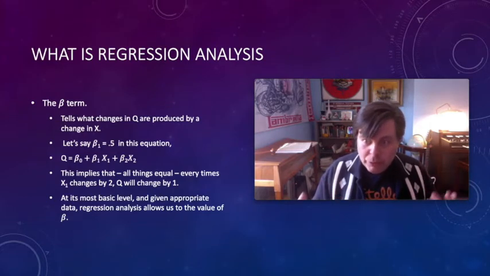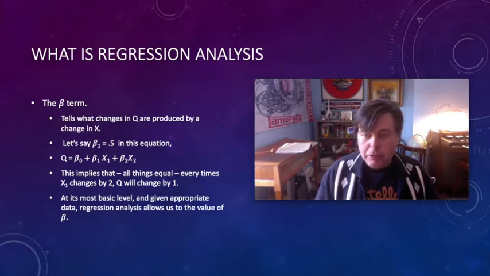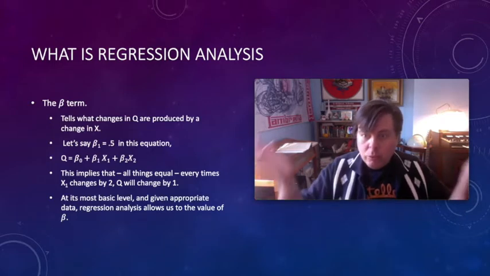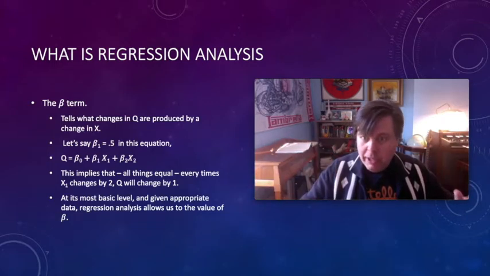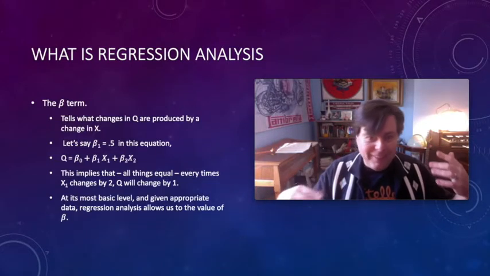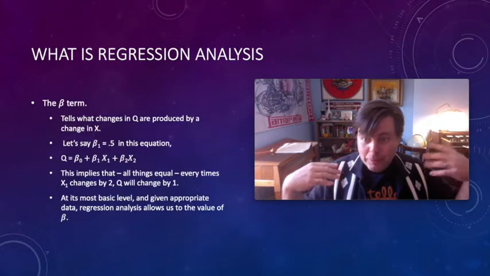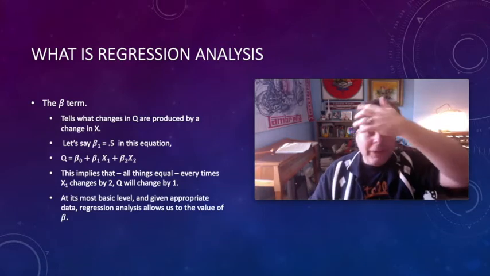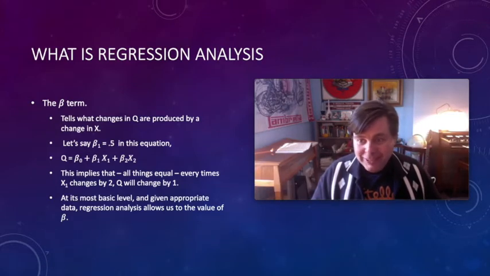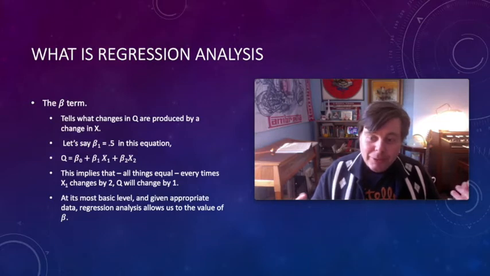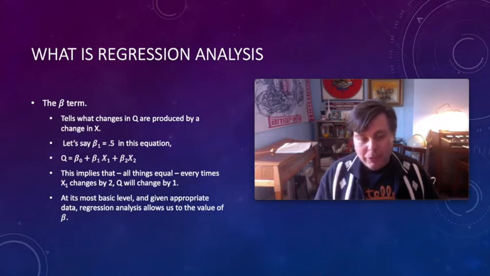So what we're doing is estimating the nature of that relationship between temperature and lemonade sales. I think most of us would agree that when it gets warmer outside, we're going to sell more lemonade, all things being equal, or soda, or maybe more beer at the ball game or whatever. There's going to be a positive correlation there. What regression analysis is going to do is allow us to estimate the specific relationship between those two ideas.